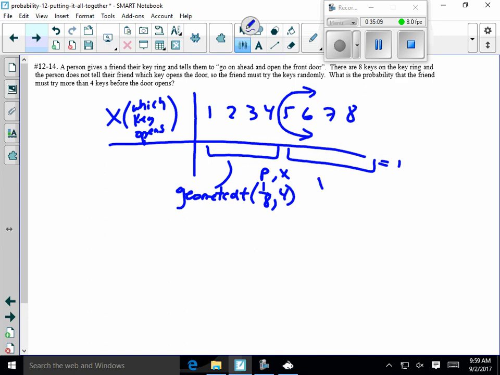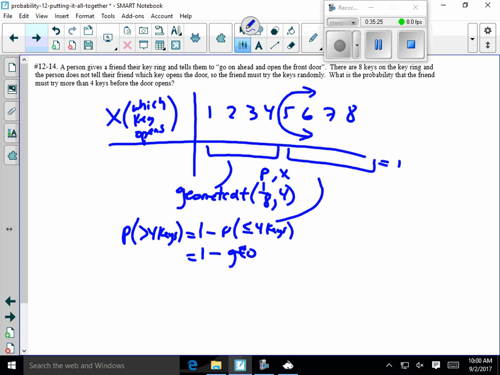So the right-hand side, the probability that it takes more than 4 keys is going to be 1 minus the probability that it takes less than or equal to 4 keys to open the door. So that's going to be 1 minus the geometric left side, 1 minus geometcdf, 1/8 probability of opening the door on any one trial, 4.